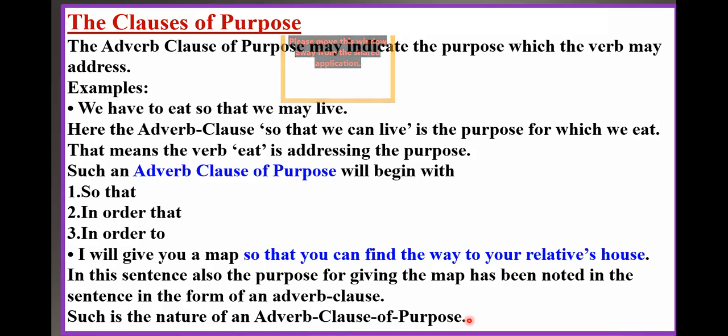Then the adverbial clauses are further divided into the clause of reason and the clause of purpose. The clause of reason tells why the verb is doing that thing, and the clause of purpose indicates what's the purpose behind the verb doing it. There's a little difference. When you do them, you will understand more precisely what the difference is. But you have to understand that there's the clause of reason and there's the clause of purpose.